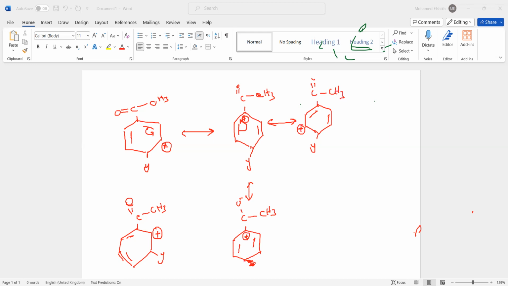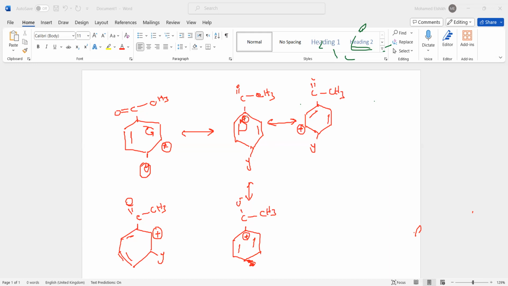Okay, so what happens in this case, or what's the main observation? The main observation is that when we put the substituent group here in position ortho or para, in one of the shapes that you'll be getting, you will get a positive charge that's adjacent to the electron withdrawing group.